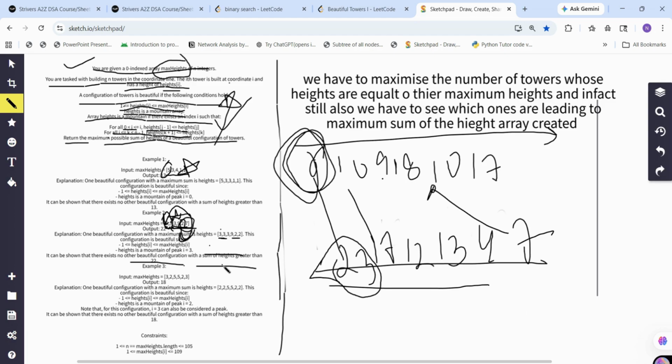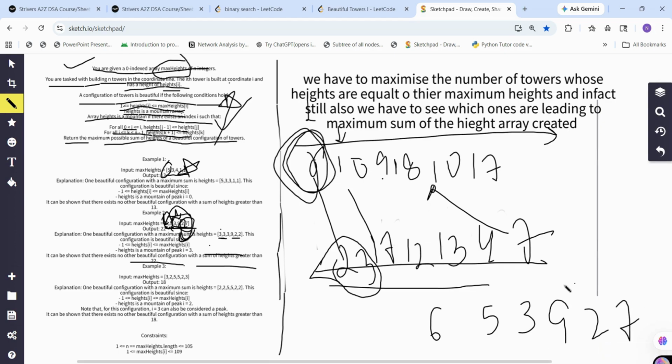Wait a minute, I want some part to be increasing and some part to be decreasing. So if I'm seeing 6 5 3 9 2 7, ending at index I, the maximum subarray sum is 6, and it should be increasing, but it is not possible; here it is possible to be 10.